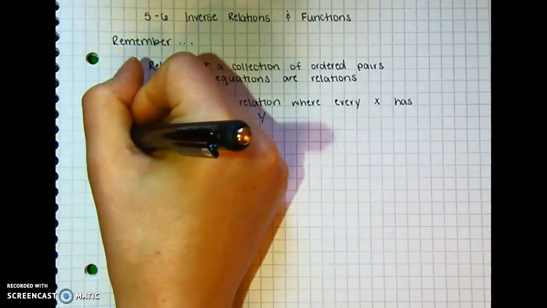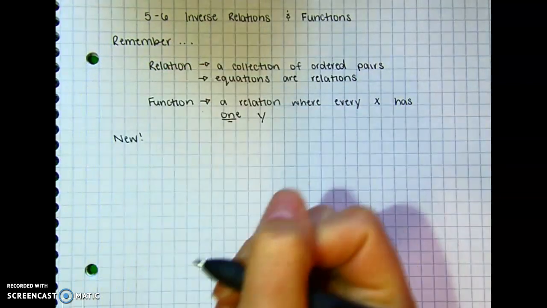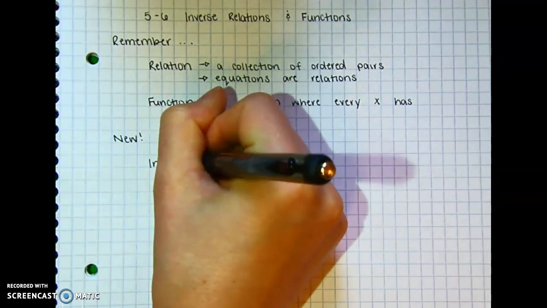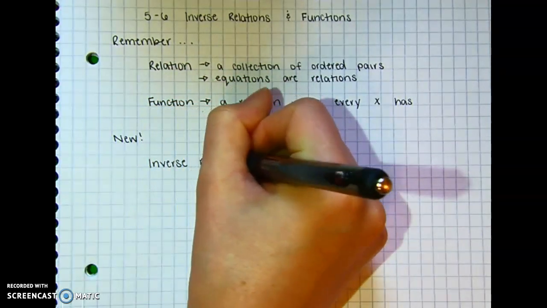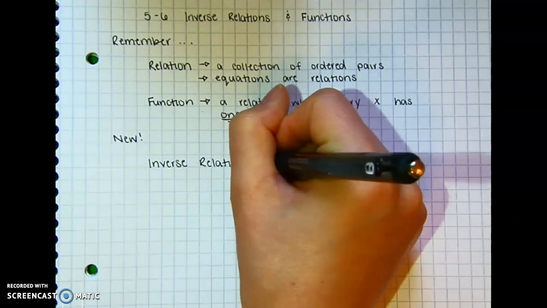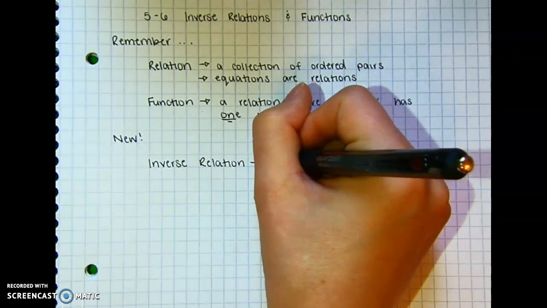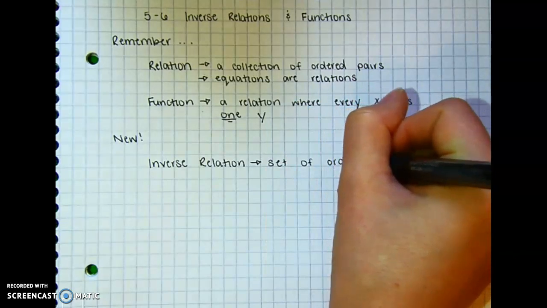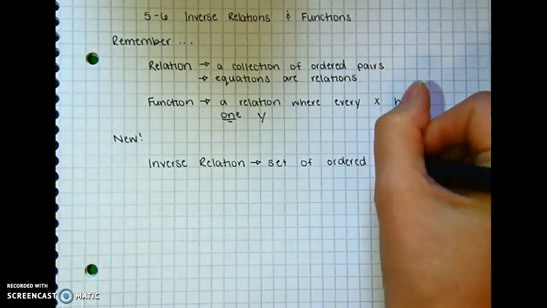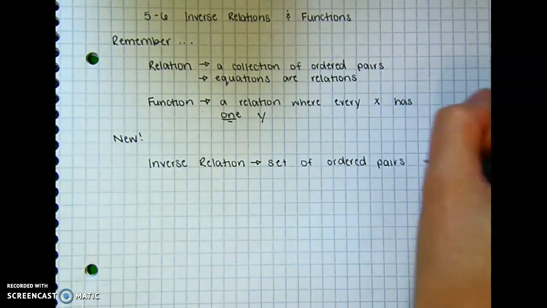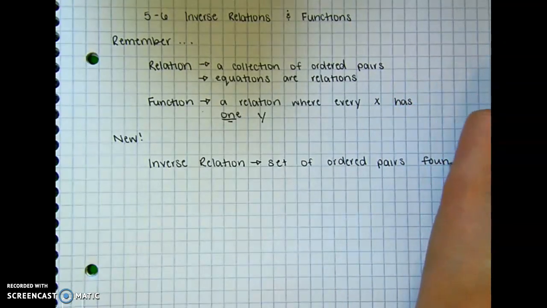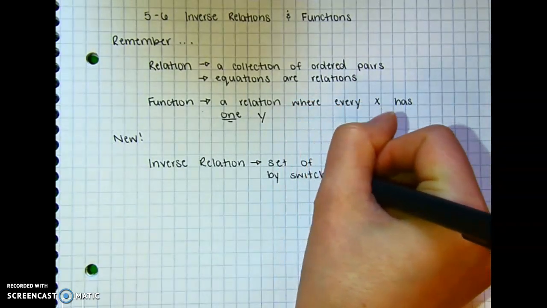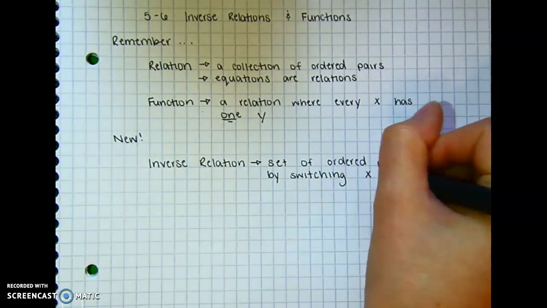So what's new is inverse relation. So an inverse relation is a set of ordered pairs found by switching your x and your y values.